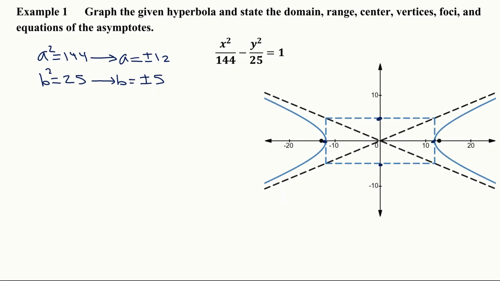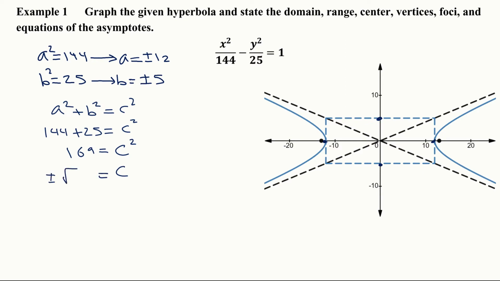So we're going to write a squared plus b squared equals c squared. 144 plus 25 equals 169, which equals c squared. So c is going to be plus or minus the square root of 169. If you're familiar enough with numbers, you'll know that's plus or minus 13.